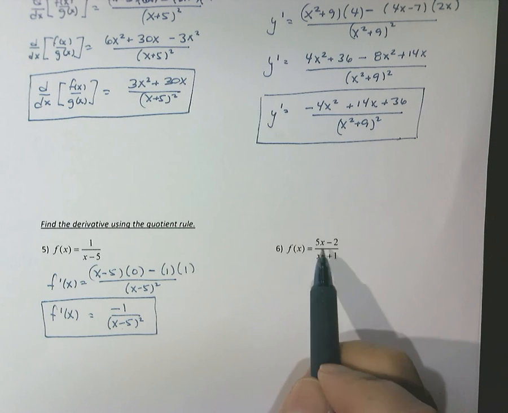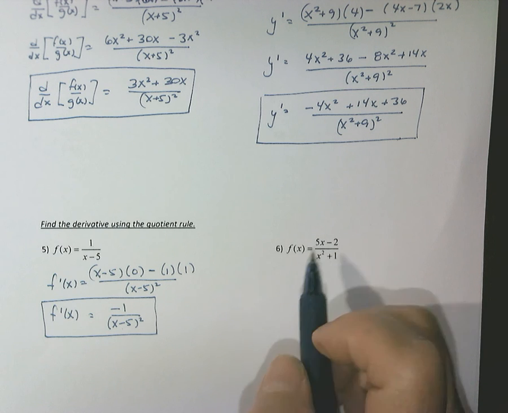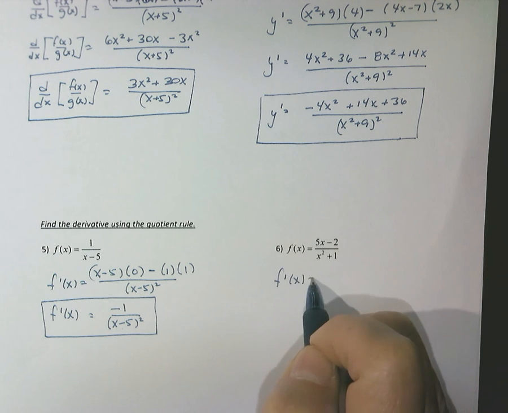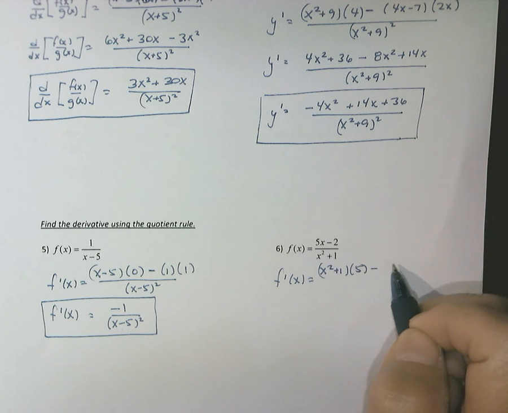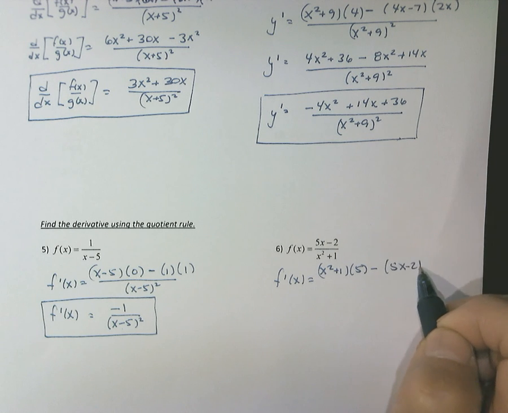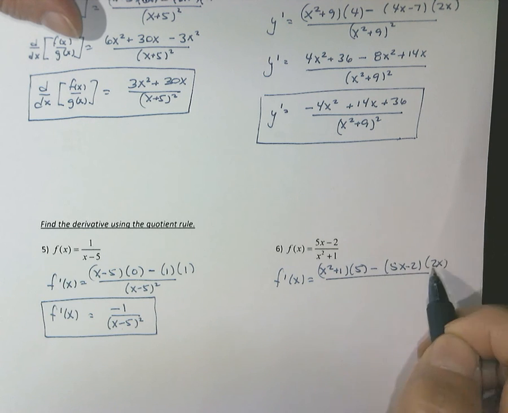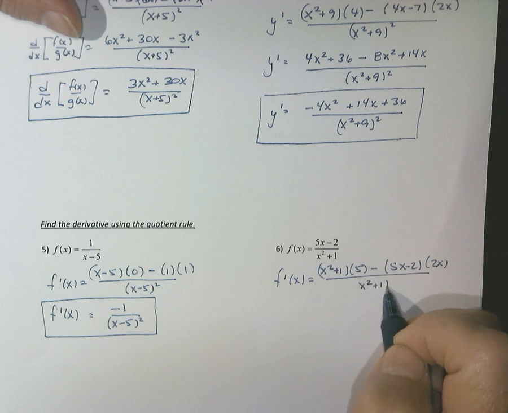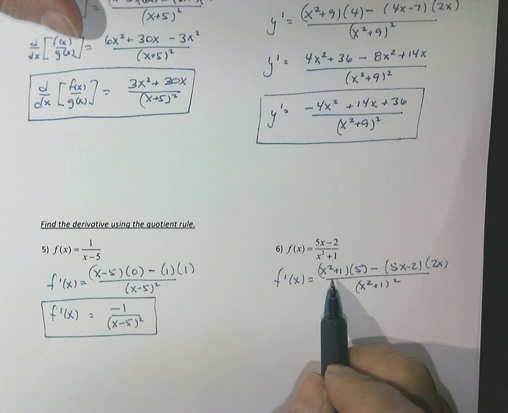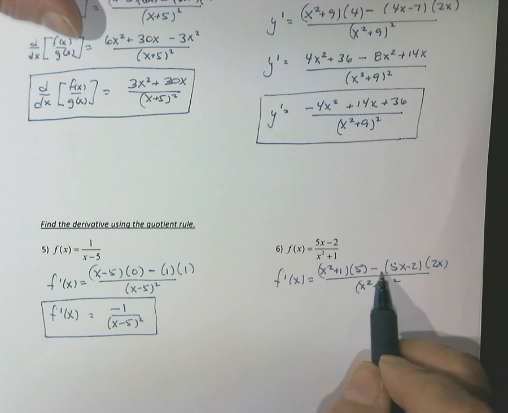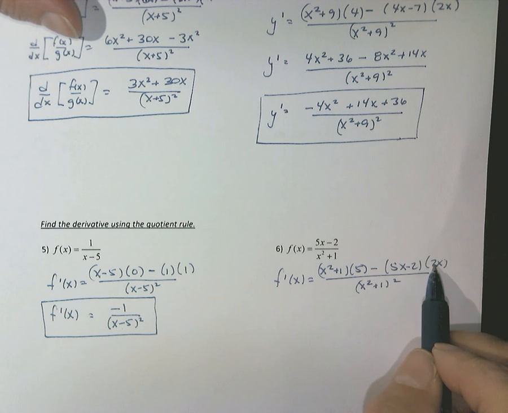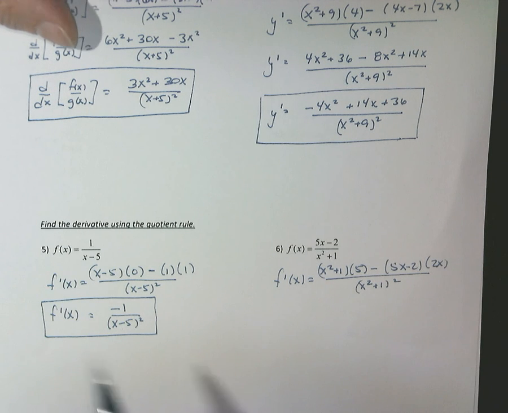Okay, here's the next one. Another quotient rule, because I have a numerator and now I have a denominator. So the bottom times the derivative of the top minus the top times the derivative of the bottom all over the bottom squared. And I would go back and double check. Low, derivative of high, minus high, derivative of low, divided by low squared.